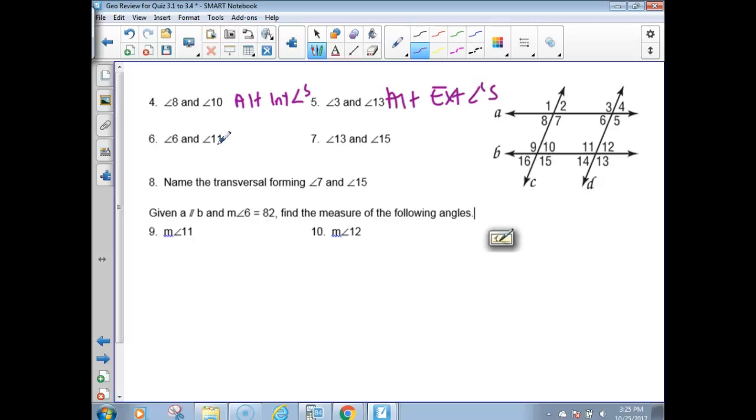This one was consecutive interior. And these were corresponding. Okay, the transversal for 7 and 15. If you want, I'll use a highlighter here. 7 and 15. Now, they are on the same side of the transversal. That'd be line C.